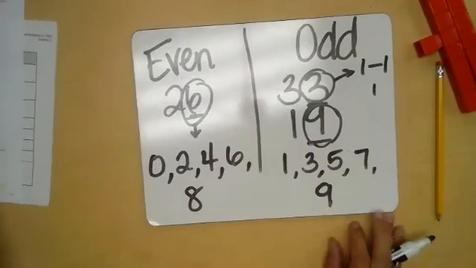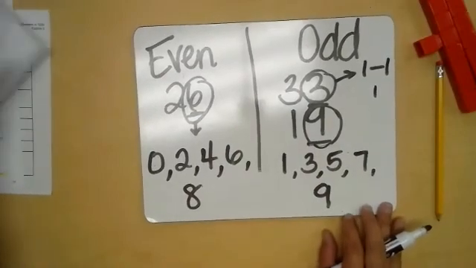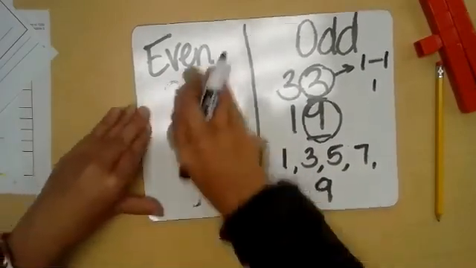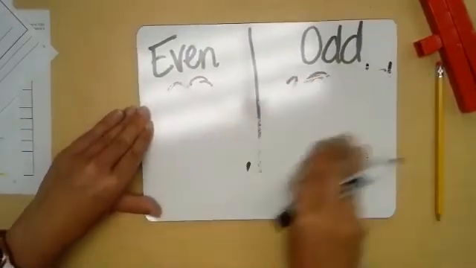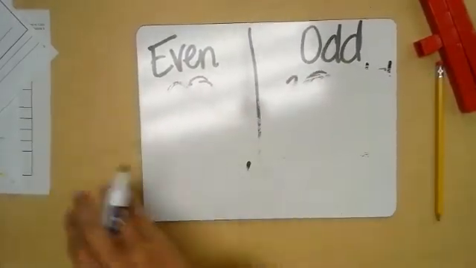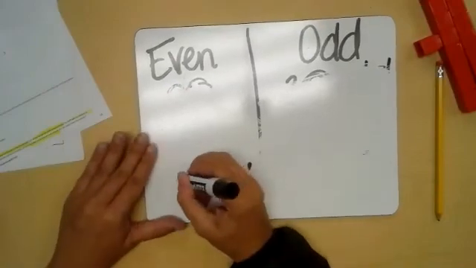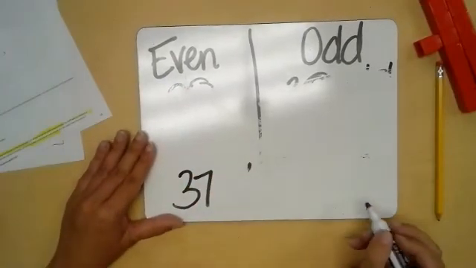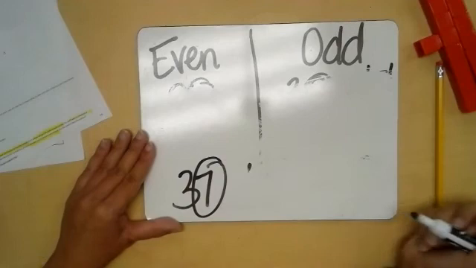Let's say we have this number, we're gonna do it really fast. Y'all are gonna tell me if it's even or odd. The number 37. I'm only going to look at that number 7.